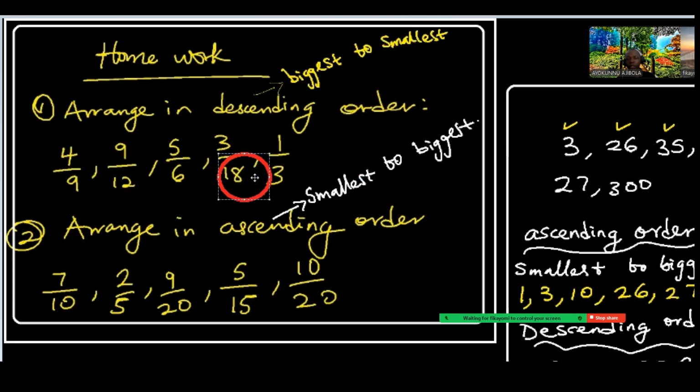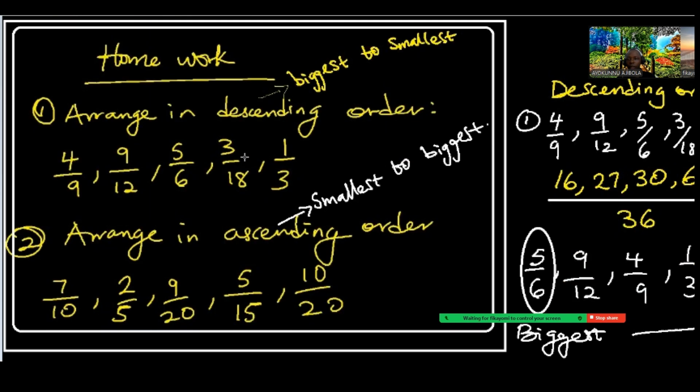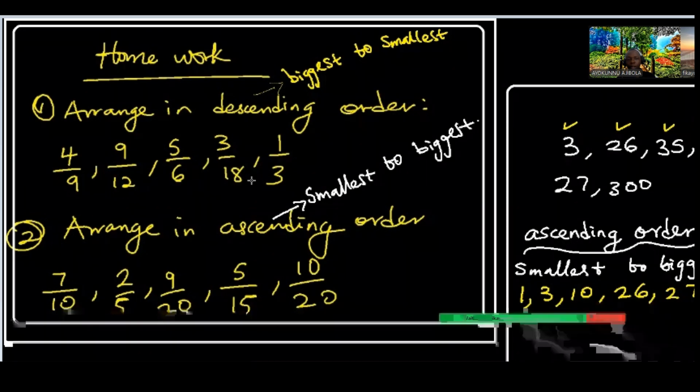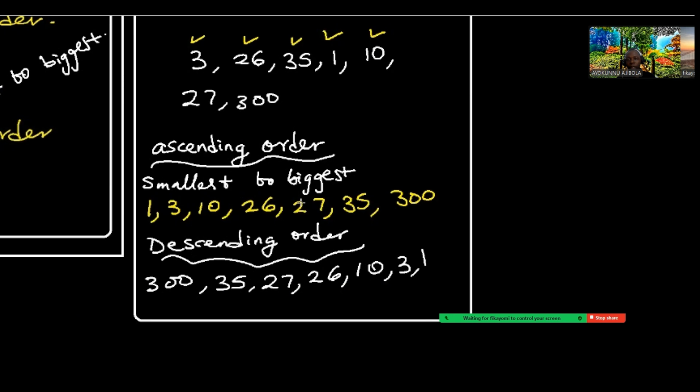So you can't just look at these fractions and begin to say this one is the biggest or this one is the smallest. Let us consider some numbers like this: 3, 26, 35, 110, 27, 300.